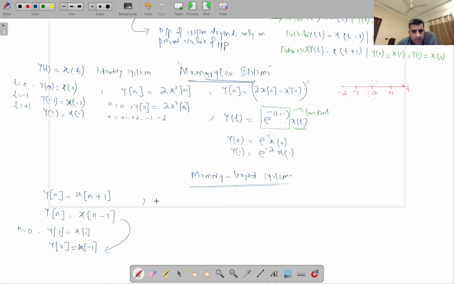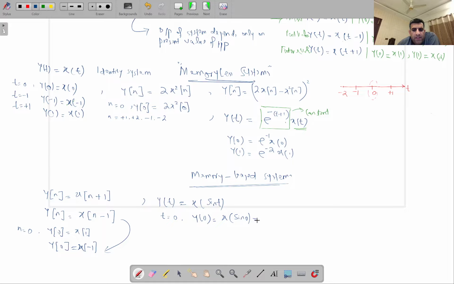So the example is, let's say the system equation is y of t is equal to x of sine of t. Okay, so let's try a few values. Let's start with t equal to 0. So at t equal to 0, what I get is y of 0 equals x of sine of 0.